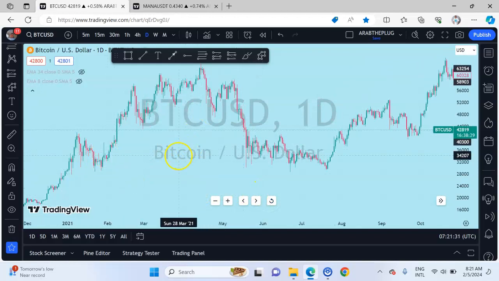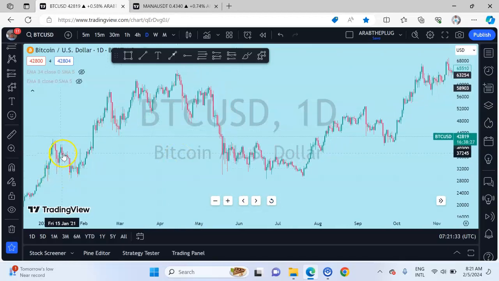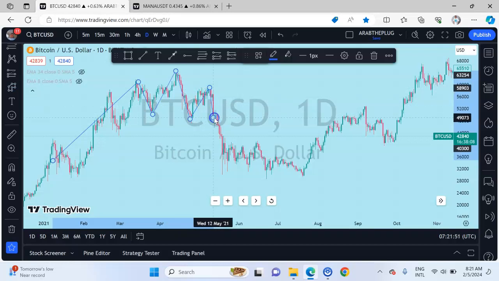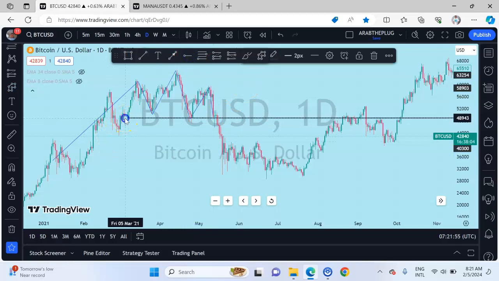The market was in an uptrend, pushed up, came back, pushed up, came back here, pushed up again, came back, then tried to push up, but it could not threaten the previous high and started dropping. So when it started dropping, the market formed a neckline around here.